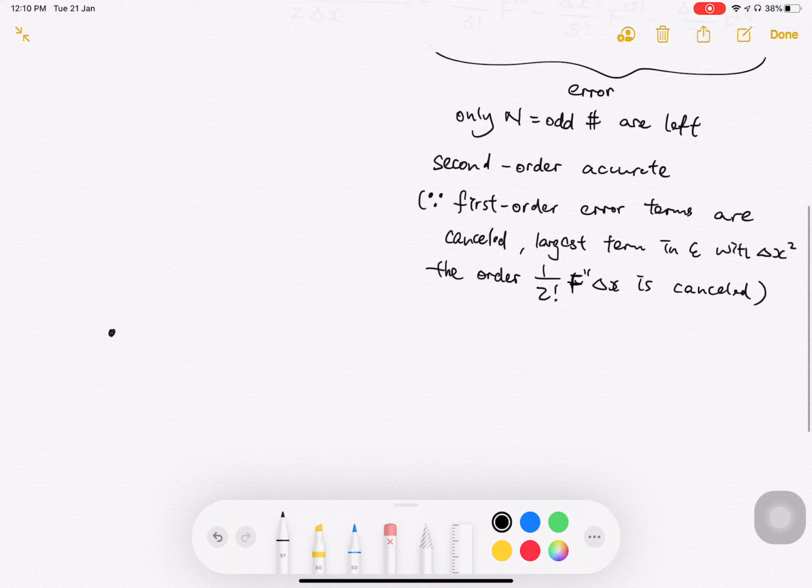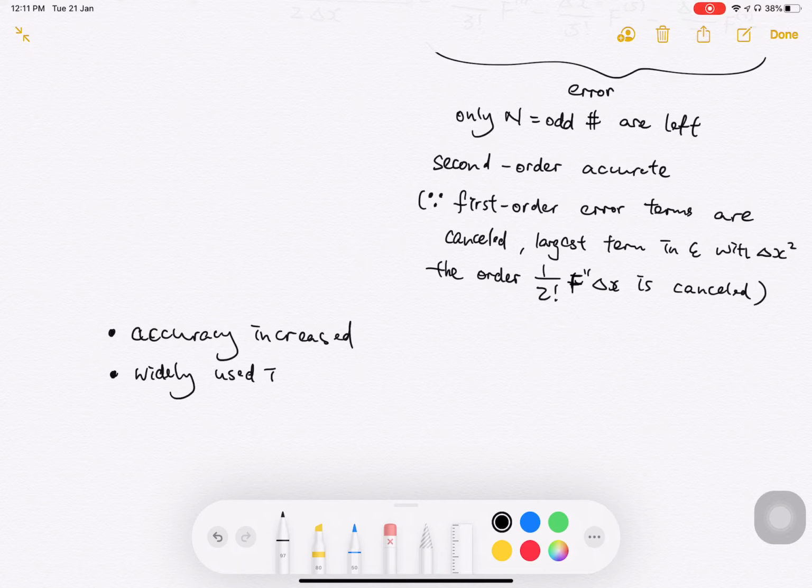Okay, so we have increased accuracy. We know that this is widely used in atmospheric modeling.